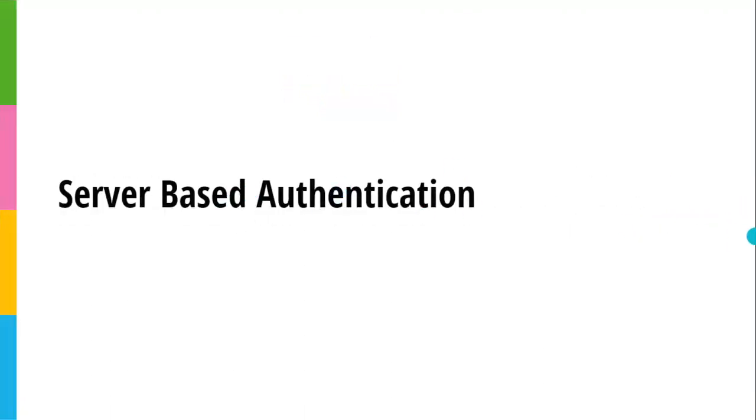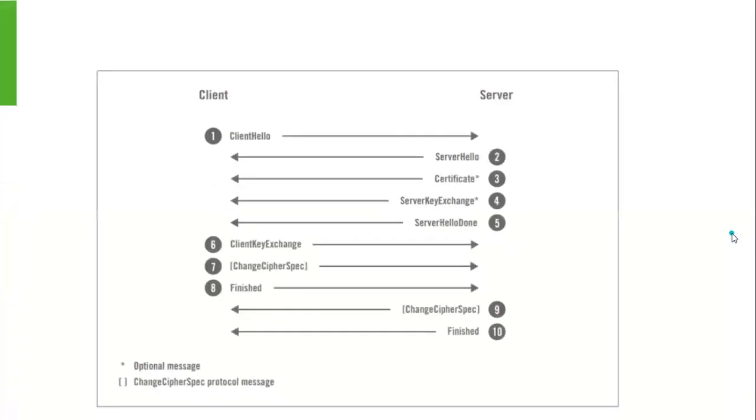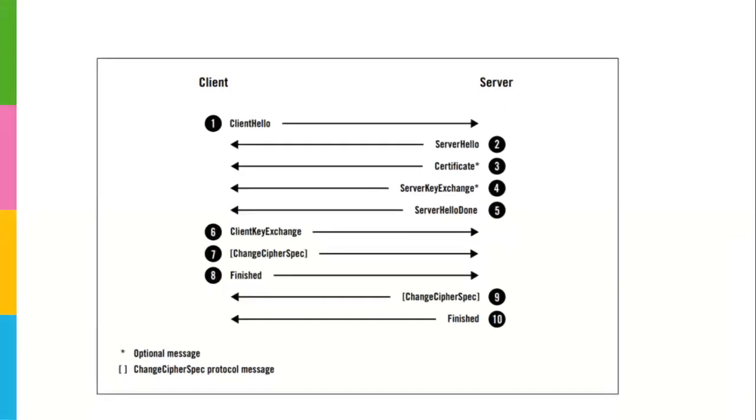Server-based authentication. Let's consider this is the client and this is the server. The SSL handshake process will be initiated by the client itself. First, the client will generate the first packet, and the first packet is called client hello, which is sent to the server side.